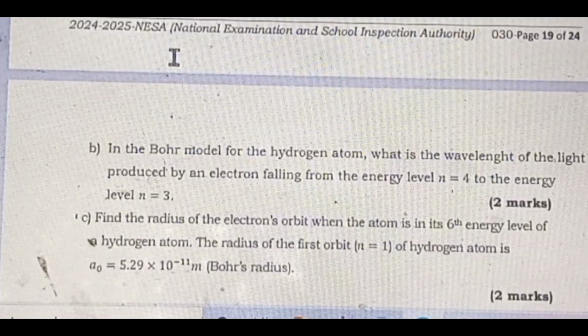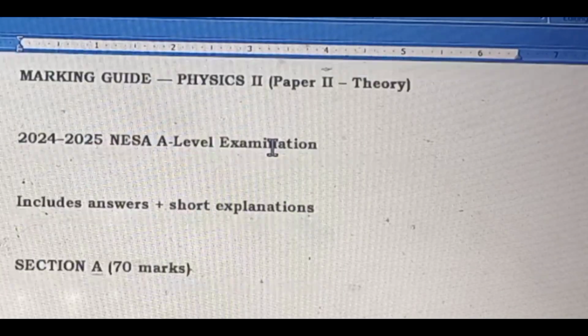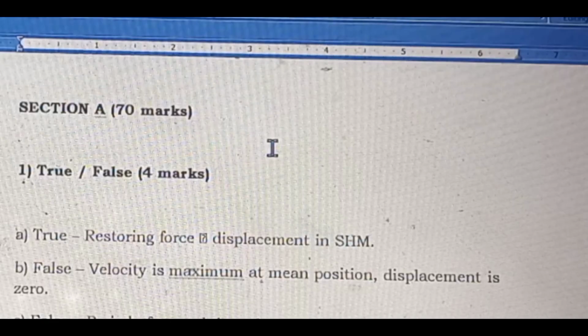You are going to see their correction in the following below. Here we have a marking guide.